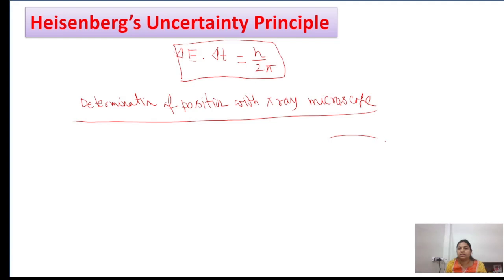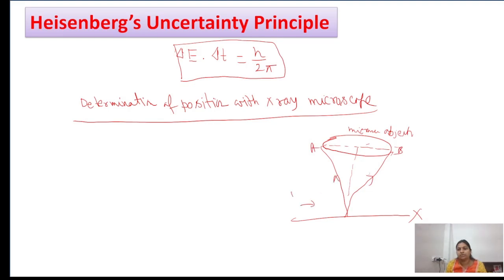Let us say that this is our microscope objective, and this is A and this is B. So two rays are there, and here is a photon, and here you can see the electron. The angle here is theta.